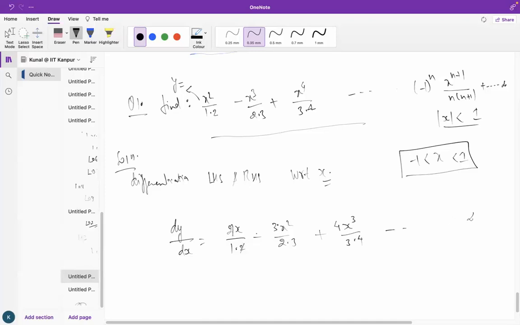One thing we notice, this term gets cancelled, right? So we will get dy by dx equals x minus x squared by 2 plus x cube by 3 minus x4 by 4, up to infinity, right?